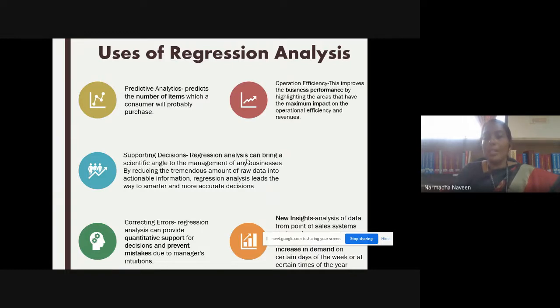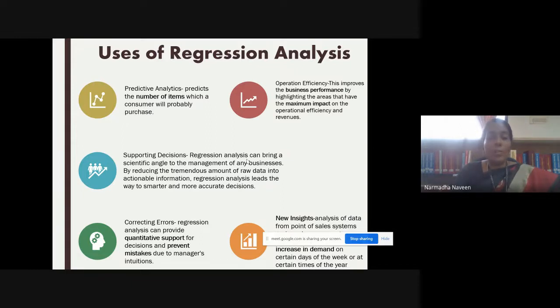If there is an increase in the amount they spend in R&D and advertising and marketing, obviously there will be an increase in the profit of the organization. So that helps the organization to improve the business efficiency.